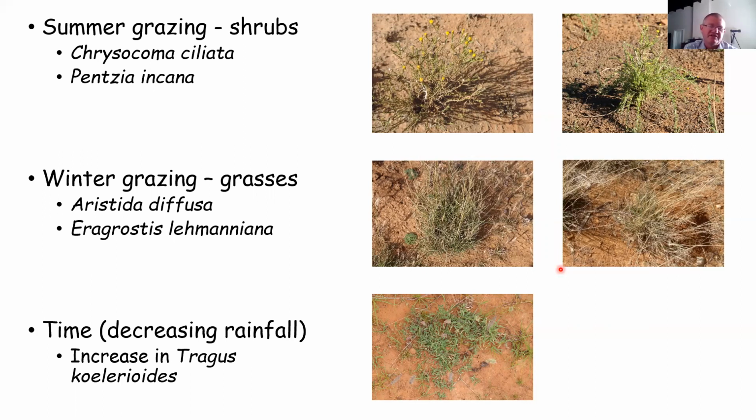Now, Tragus is very low growing, so it hides away from the animals, so it doesn't get grazed, and it actually responds favorably to drought. And of course, it provides cover and it binds the soil and so on. So it's a natural little drought survivor and soil protector.